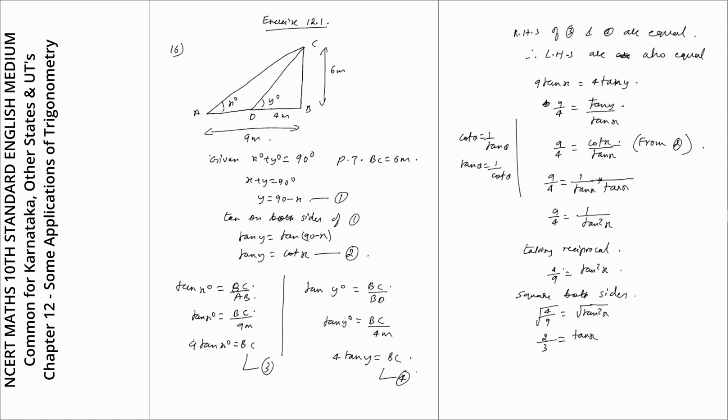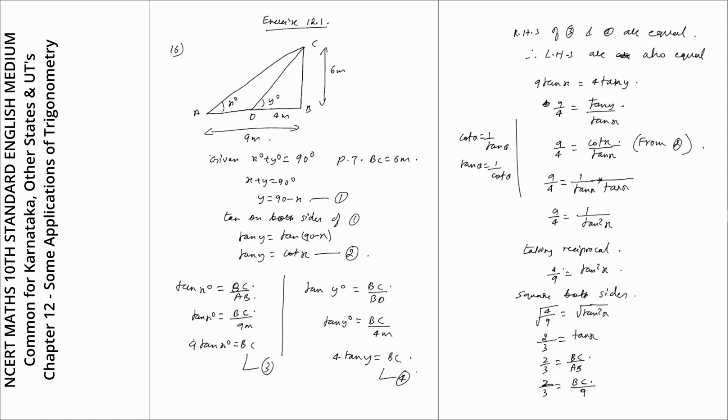Now what is tan x? In the figure you can see tan x is also equal to opposite by adjacent, that is BC by AB. Now 2 by 3 is equal to BC by AB. What is BC? BC is still unknown. What is AB? AB is given as 9 meter.